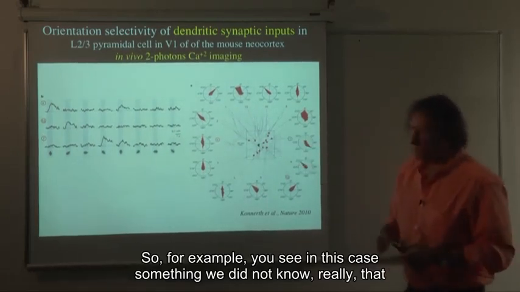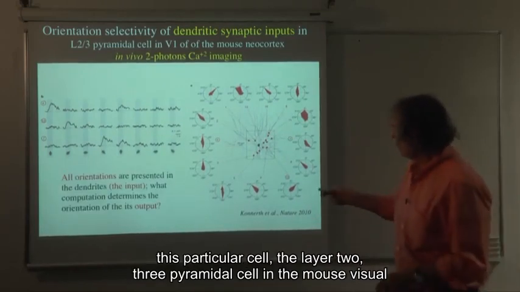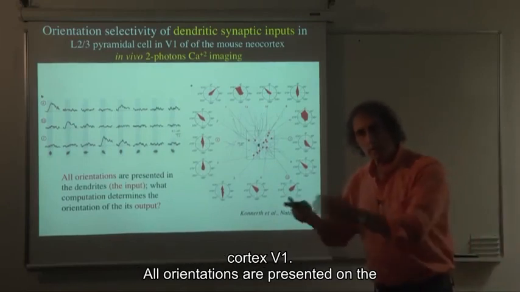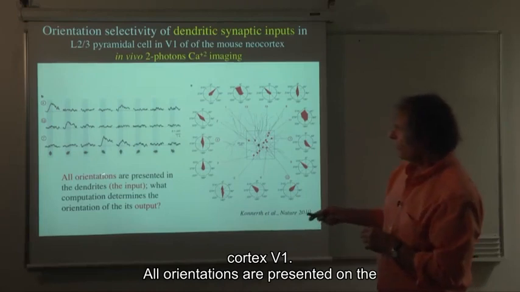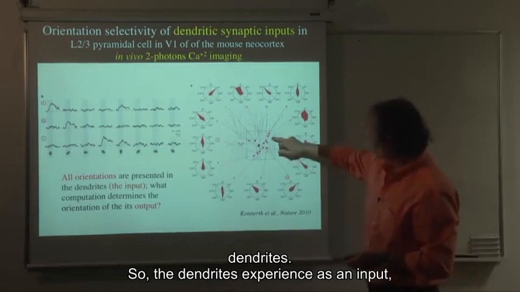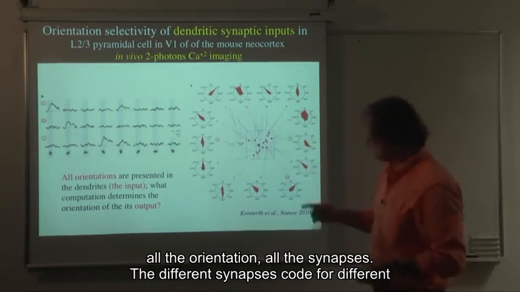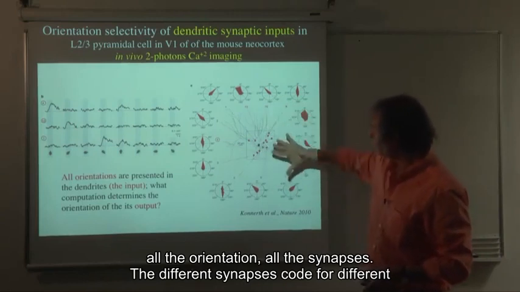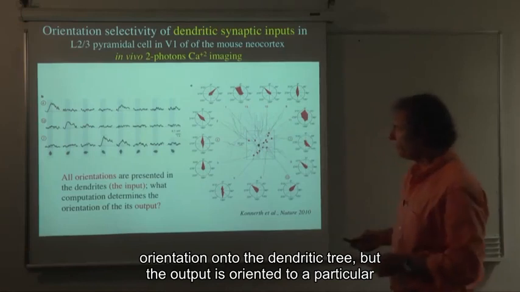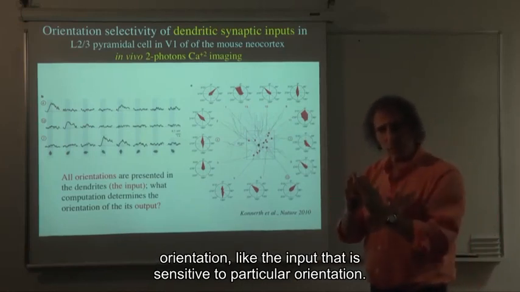So for example, you see in this case something we did not know, that for this particular cell, the layer 2/3 pyramidal cell in the mouse visual cortex V1, all orientations are represented on the dendrites. So the dendrites experience as input all the orientations; the different synapses code for different orientations onto the dendritic tree. But the output is oriented to a particular orientation.